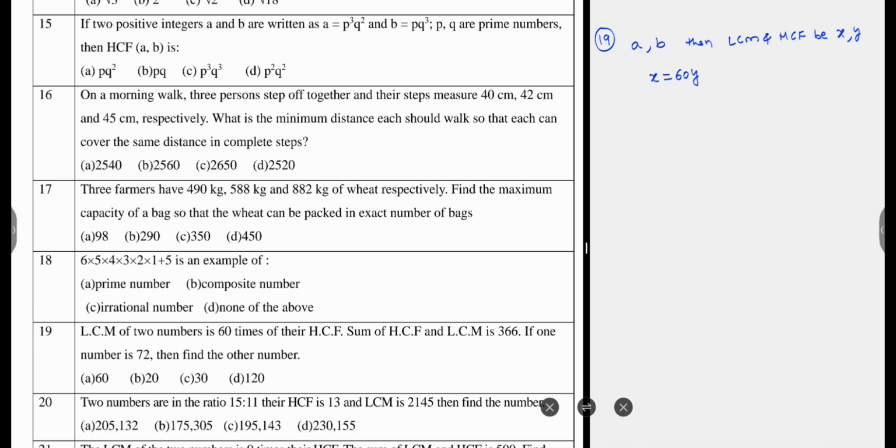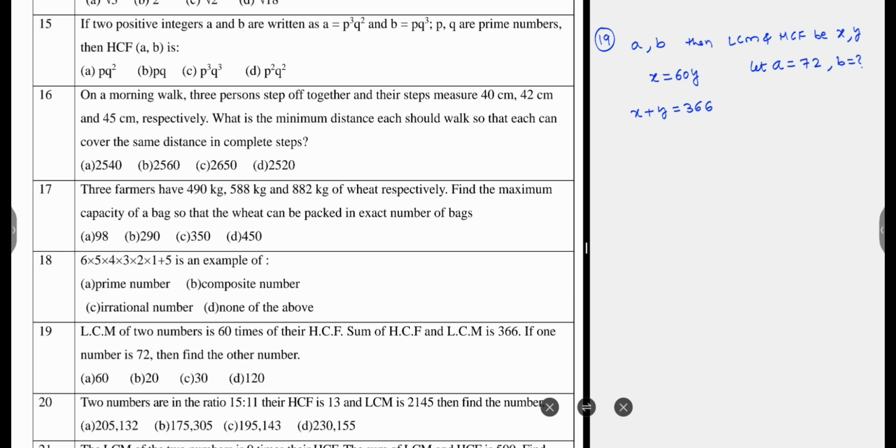That is one relation. One more: sum of HCF and LCM is 366, so X plus Y is equal to 366. One of the numbers is given: let A is equal to 72. We have to find B.